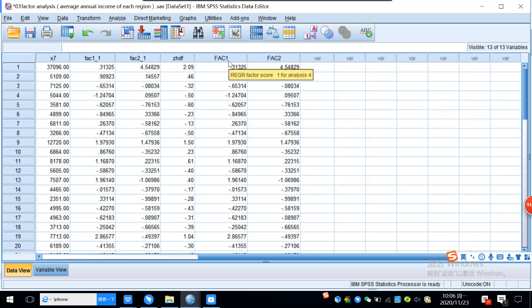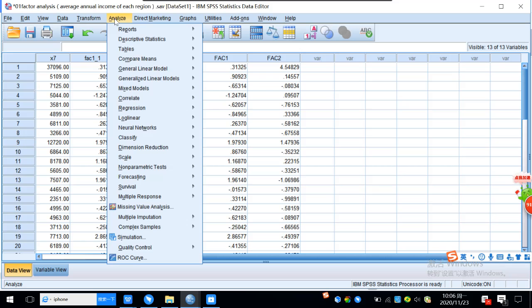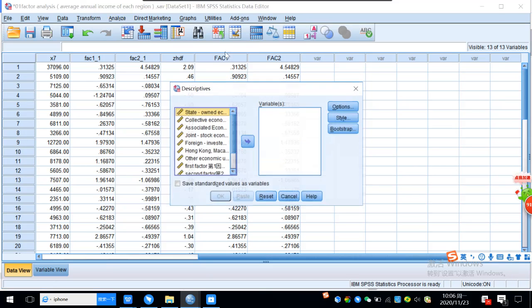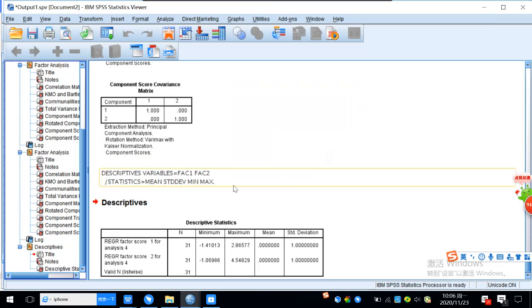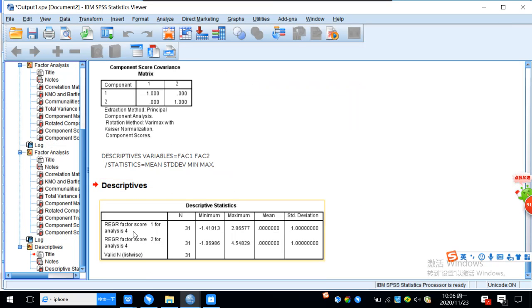Okay, and you can analyze F1 and F2. And you can see that F1, F2, the mean is 0.